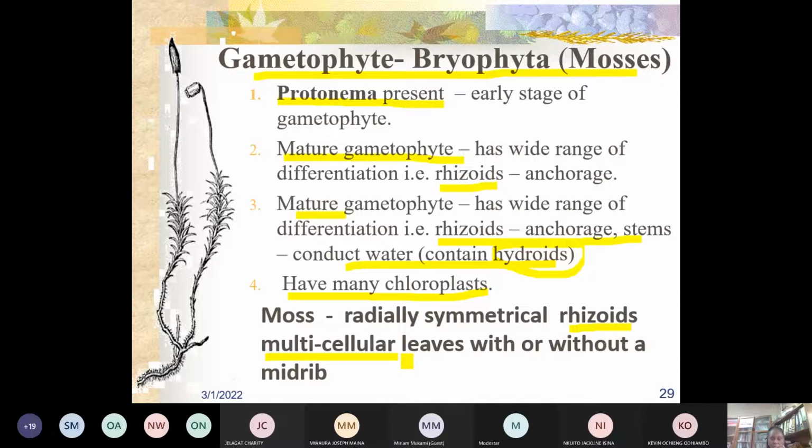These are the new structures that we are seeing in the moss. So it's radially symmetrical. Rhizoids are multicellular. Then it has leaves with or without a midrib. So they may or may not have midrib. So here you can see that evolutionary development. It's very plant-like.